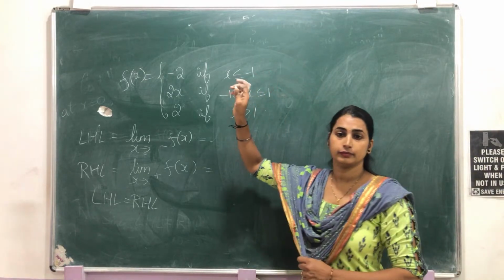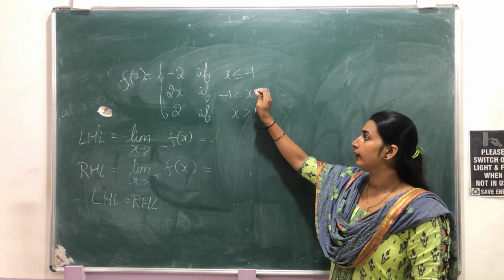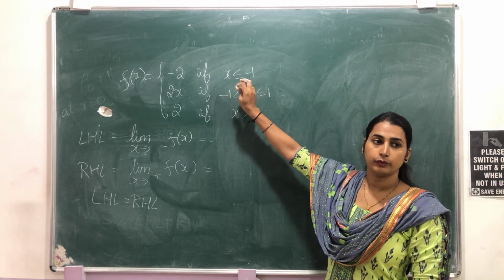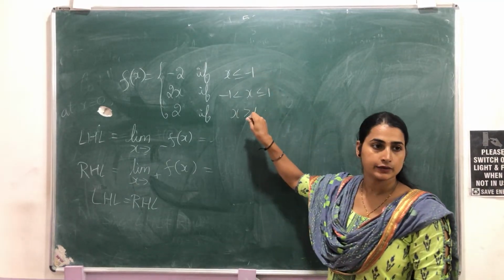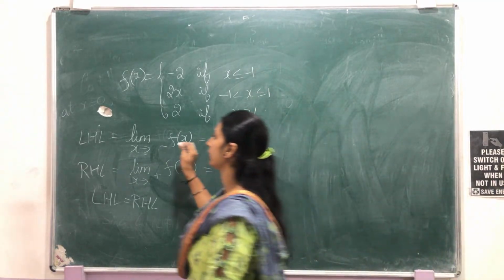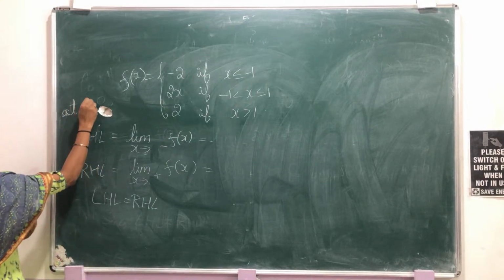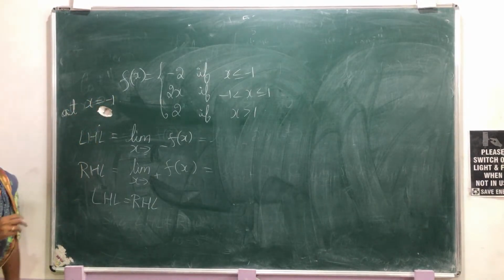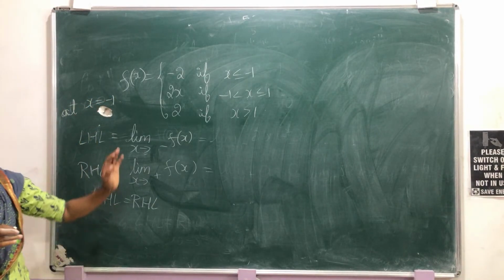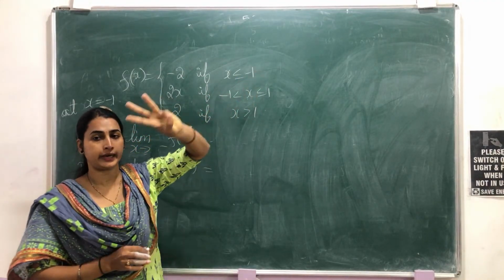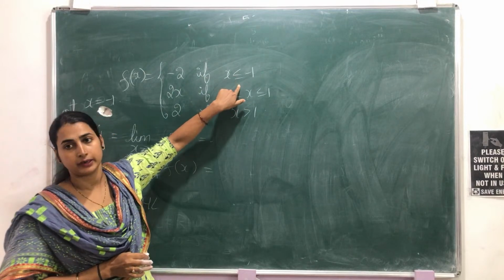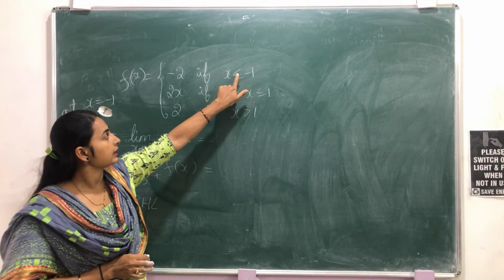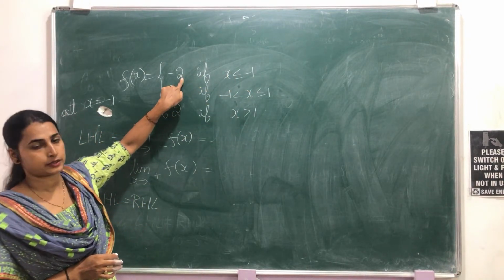Okay, listen. Those who didn't get, please listen. Here, we have 2 points. One is x is minus 1 and x is 1. So first we'll check at x equal to minus 1. At x equal to minus 1, you have 3 cases: left side, right side, equal to. What is left hand limit? Minus 2.